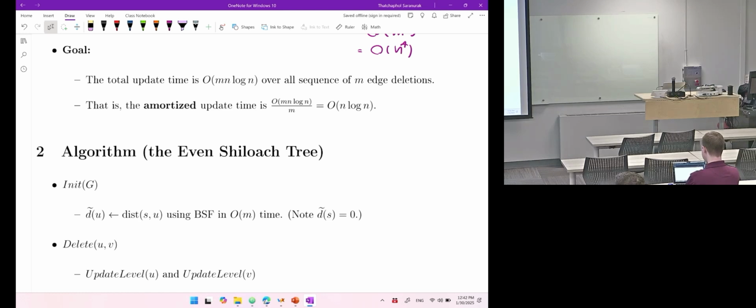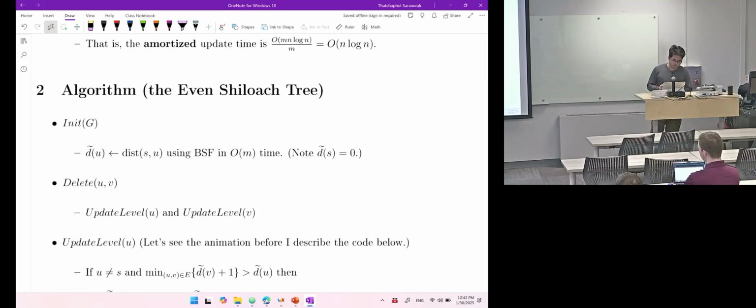You can delete an edge uv. Some guy just wants to delete an edge uv. What we're going to do is call an important subroutine called update level of u and update level of v. I'm going to explain what it does, but basically it's going to do something.